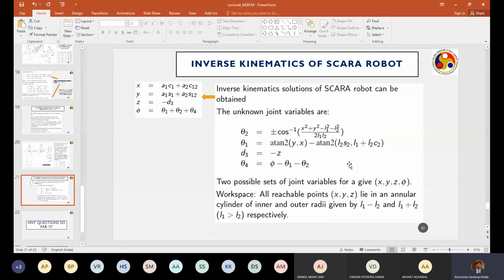And the workspace is such that all reachable points will lie in an annular cylinder with inner and outer radii given by L1 minus L2 and L1 plus L2, where for this case L1 is greater than L2. For the 3R case, we had seen where exactly the workspace would lie.